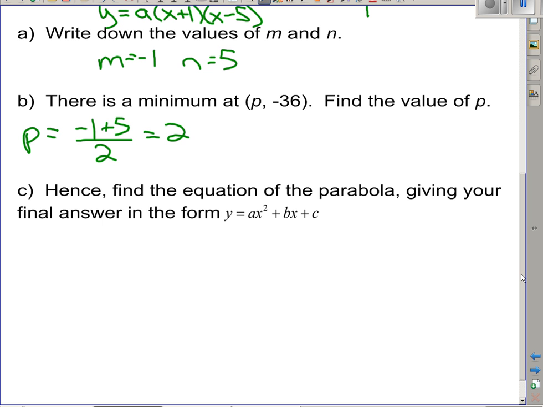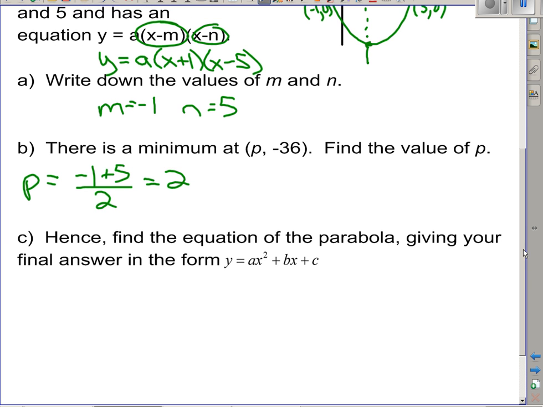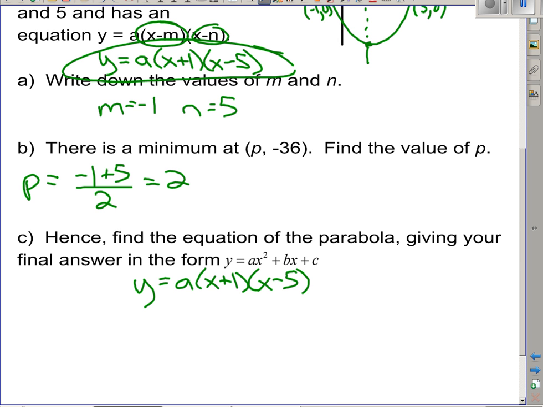Hence, find the equation of the parabola, giving your final answer in the form y equals ax squared plus bx plus c. Hold on now, we don't know really enough about our parabola to do that. We've still got that a value to find. Well, given that we've got this, why don't we sub in the other value that we know, namely (2, -36).